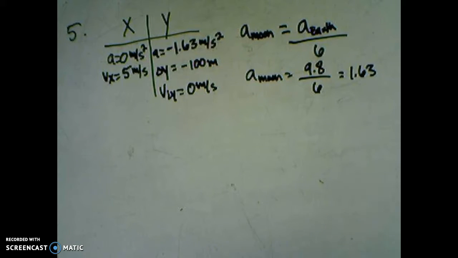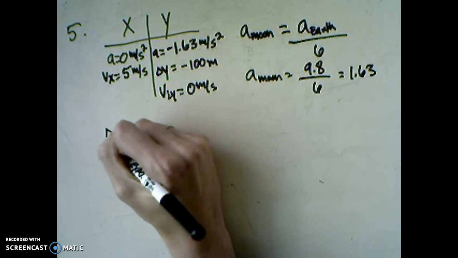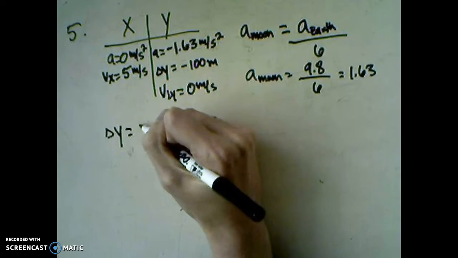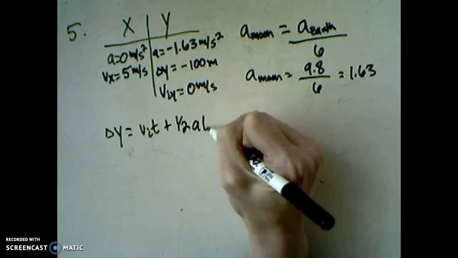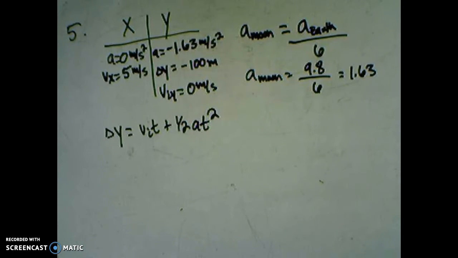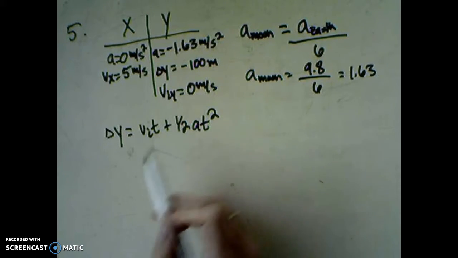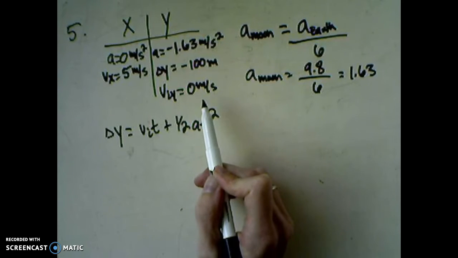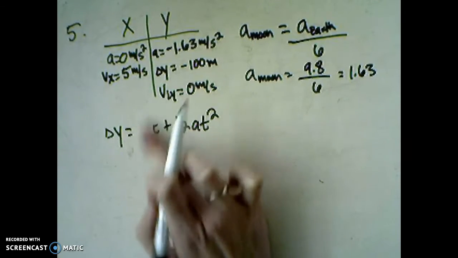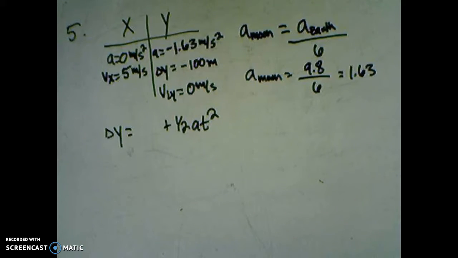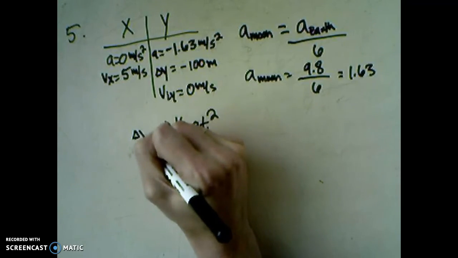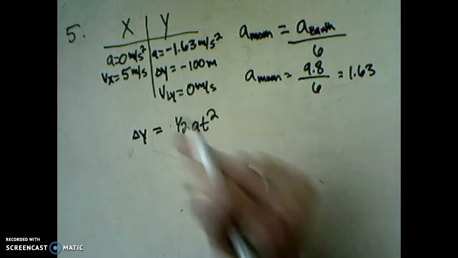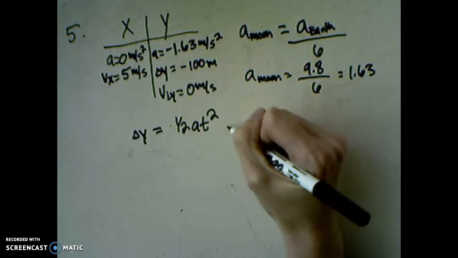All right, so let me go about solving it. I'm going to do the same thing that I did for number 4, where I'm going to use my y direction to find time first. So delta y equals v_iy t plus 1/2 a t squared is the equation that I'm starting with. I know, again, that v_iy is 0, so this whole term is going to be 0. Knowing that, let's rewrite it to 1/2 a t squared.